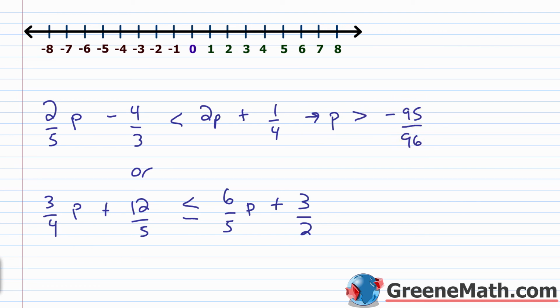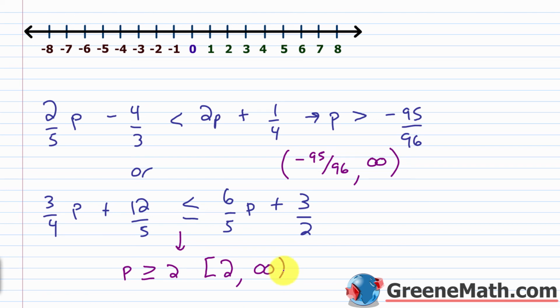So in interval notation, that looks like this. We would have a parenthesis, then negative 95 over 96, and then out to infinity. Of course, you use a parenthesis with that as well. For this guy, we found that the solution was p is greater than or equal to 2. So in interval notation, you have a bracket, and then you have 2, and then out to infinity. So you put a parenthesis there.